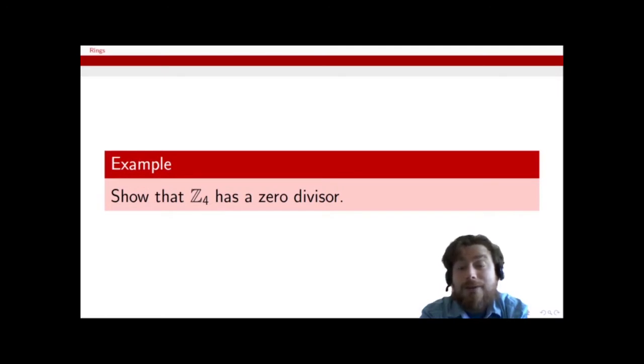We have a 0 divisor because 2 times 2 is 0. 2 is not equal to 0, so that is a 0 divisor. 3 would not be a 0 divisor because 3 times 1 is 3, 3 times 2 is 2, and 3 times 3 is 1. So the only 0 divisor for Z4 would indeed be 2, but we would have a case where I multiplied two non-zero numbers and got out 0.